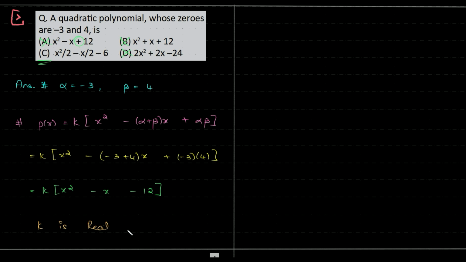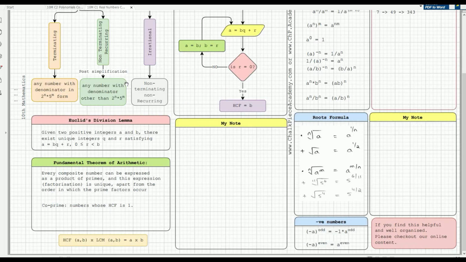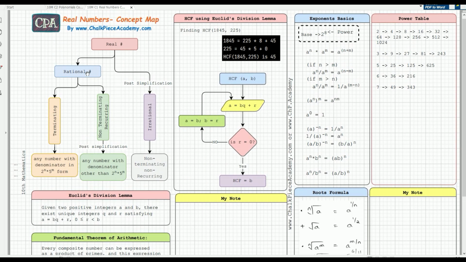Let me write it. K includes everything. This is all the real numbers, rational and irrational. Under rational, we have terminating, non-terminating, and under irrational, we have root 2, root 3, whatever you want. So it can be any value.